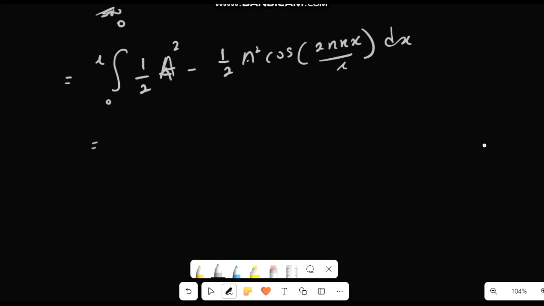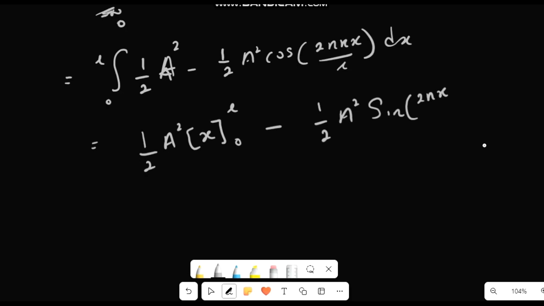By integration, I can substitute like this. The first term is a constant, so integrating it we get 1/2 A squared x, with limits L to 0, minus 1/2 A squared times the integral of the cosine, which turns into sine of 2nπx/L, and we have to divide by the inner constant, 2nπ/L. This is just the integration.